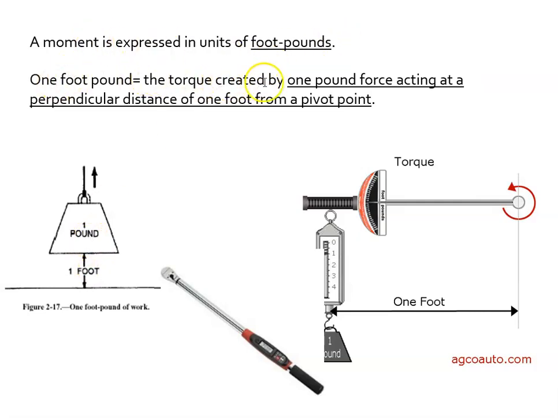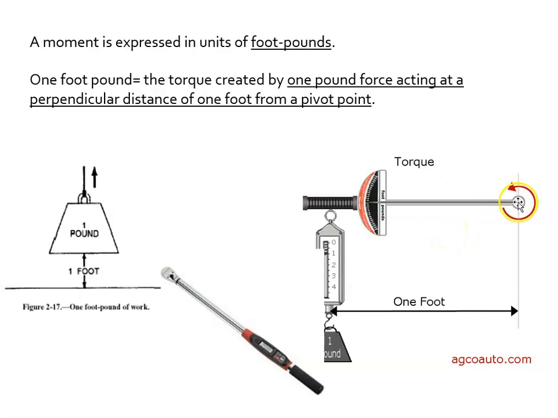1 foot-pound: the torque created by 1 pound of force acting at a perpendicular distance of 1 foot from a pivot point. Okay, so these are two different things here. This one just describes what a foot-pound is, and now this one is applying it to a situation that involves torque. What this is right here, this gadget, is a mechanic's wrench, essentially a torque wrench they call it.